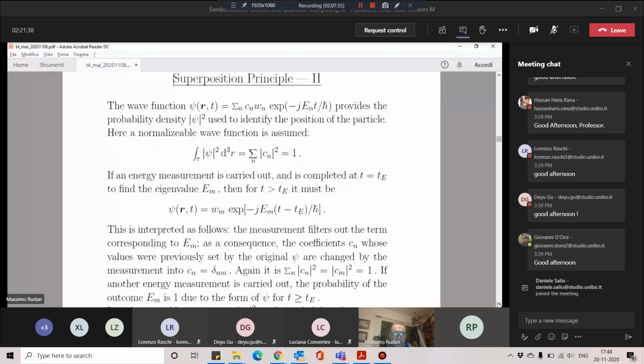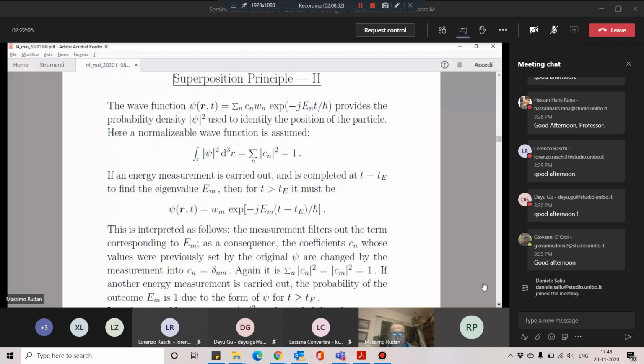So we know that the integral of the square modulus of the wave function is equal to the sum of the square moduli of the coefficients. And since the function is normalizable, this number must be equal to 1. This is a very, very important observation.